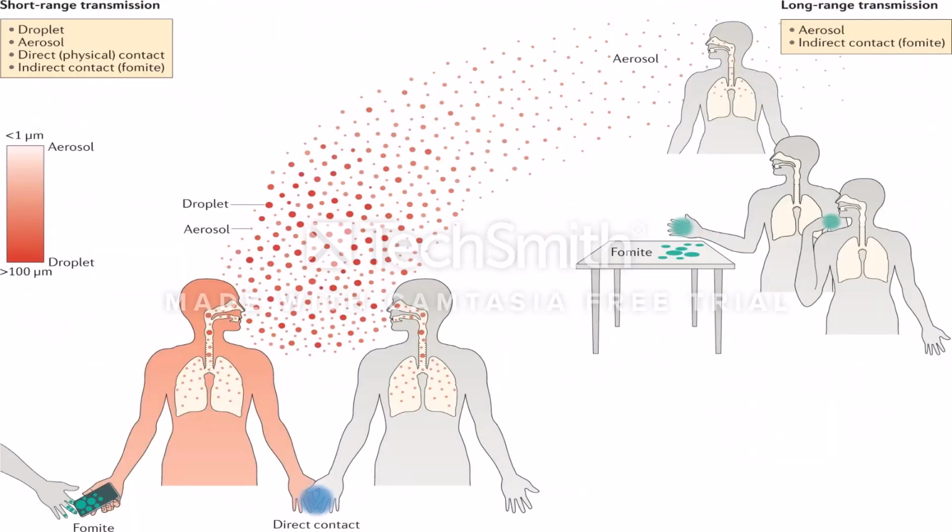The mumps virus is transmitted by direct contact, airborne droplets or vomitus contaminated with saliva or urine. It infects the upper respiratory tract and spreads to the salivary glands and other organs through the bloodstream or lymphatic system.